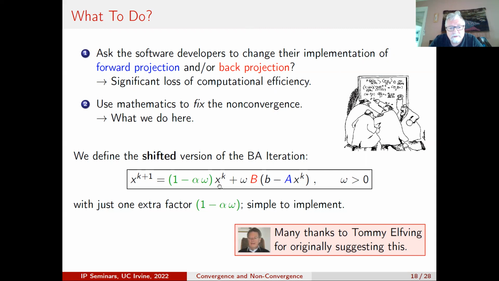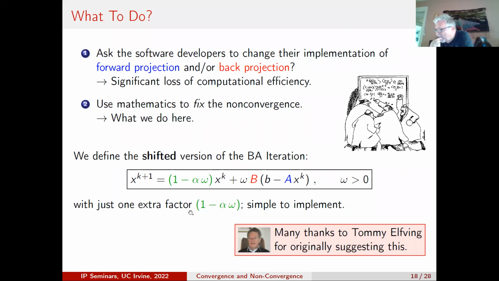If this factor was not there, it would just be the BA iteration, but we introduce a factor here, which is slightly smaller than 1. Why do we want to do that? Well, first of all, if you implement this in your code, it's really simple. It's not something that takes a lot of computations. It's something that you just multiply with something in your computing pipeline. So it's really simple to implement, and it hardly slows down the method.